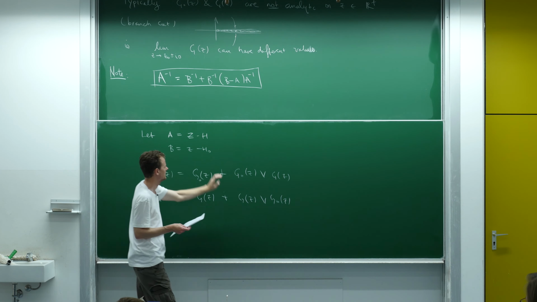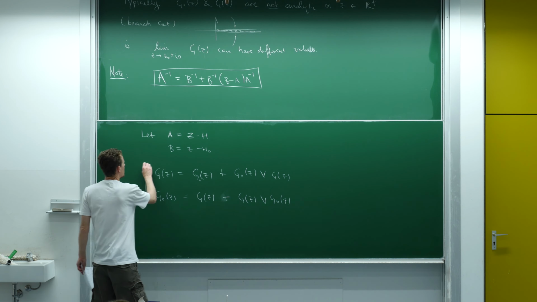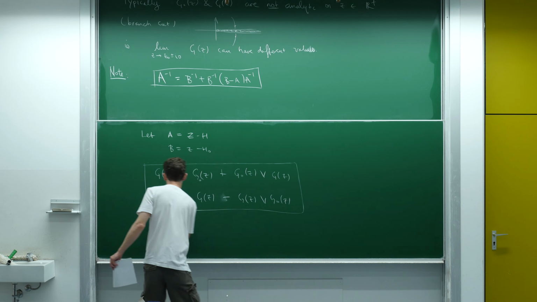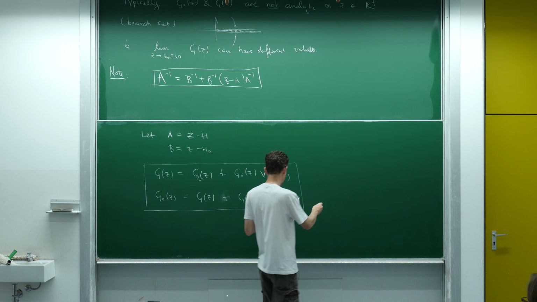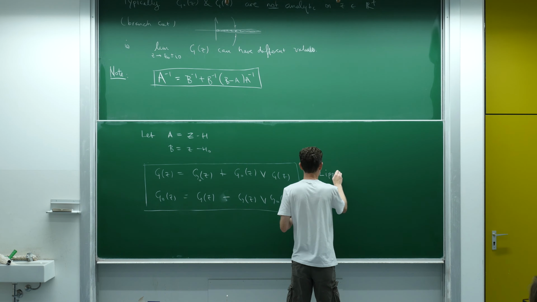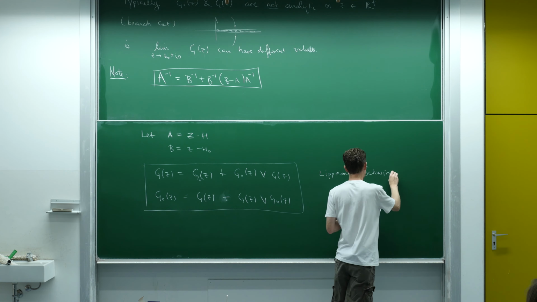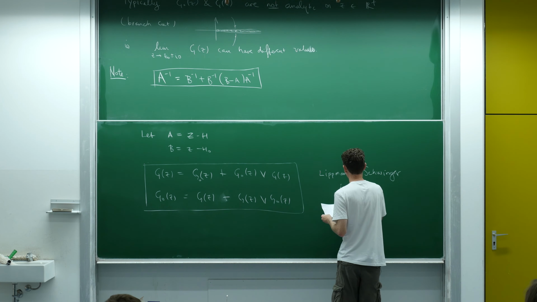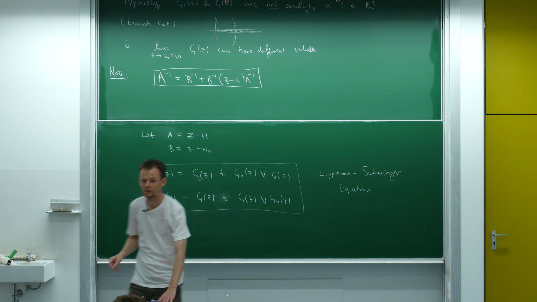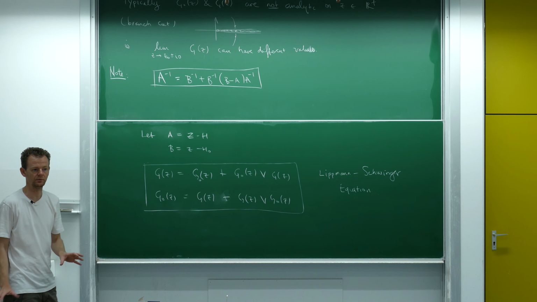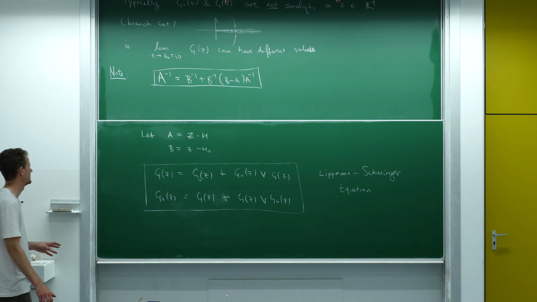Yeah. I think there's a minus sign here. So this is just an identity, but this has a name. This is called the Lippmann-Schwinger equation. And this is the building block of perturbative calculations in scattering theory.